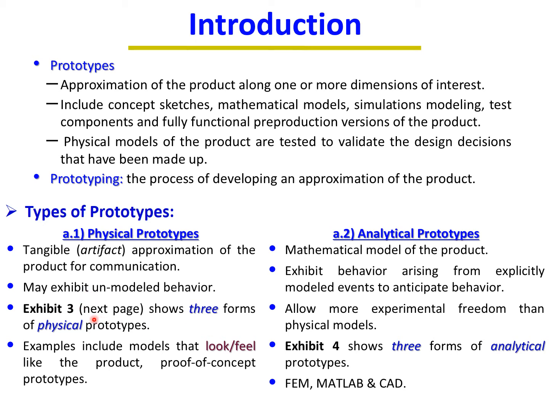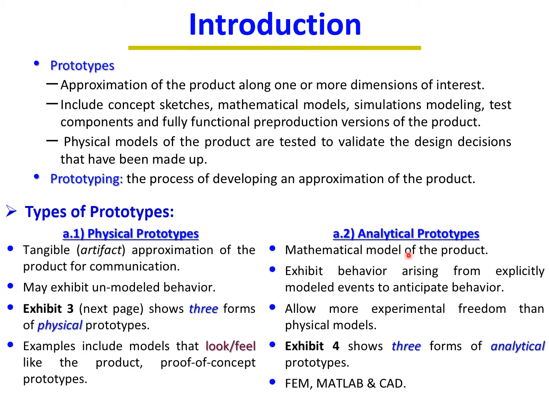Exhibit 3 on the next page shows 3 forms of physical prototypes. The examples include the models that look and feel like the product, and they are proof of concept prototypes, right? So this is one thing, proof of concept, a prototype that you will use to prove that all the concepts that you developed actually work. The other is an analytical prototype.